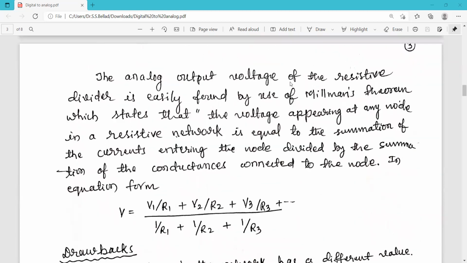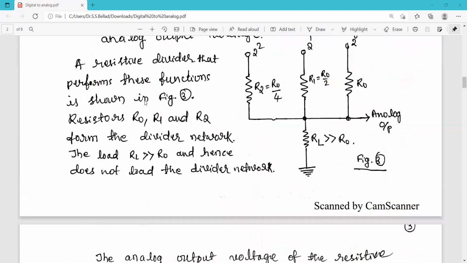The analog output voltage of the resistor divider is easily found by use of Millman's theorem, which states that the voltage appearing at any node in a resistor network is equal to the summation of the currents entering the node divided by the summation of the conductances connected to the node. So here nodes are there. If you consider this point, it is one node, or this is another node.